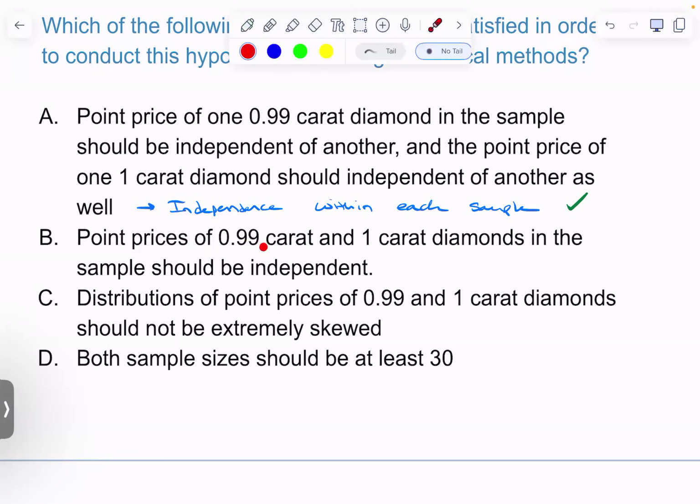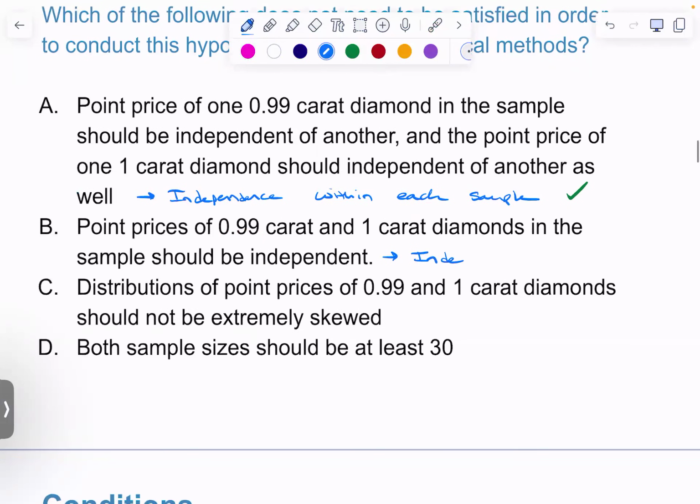Point prices of 0.99 carat and 1 carat diamonds in the sample should be independent. That's true because I'm using a two sample means technique. So how I would summarize this is I need independence between the samples.